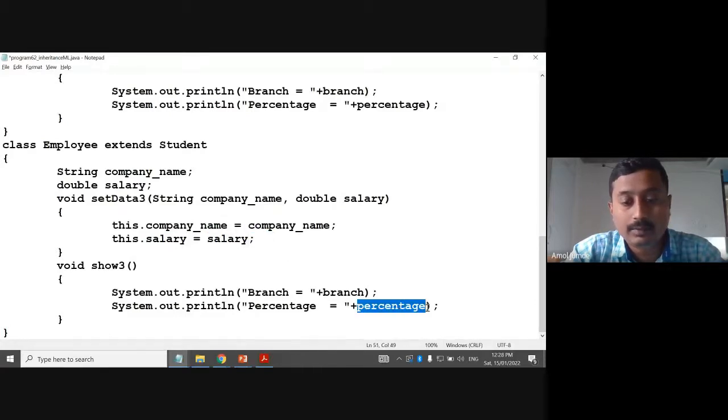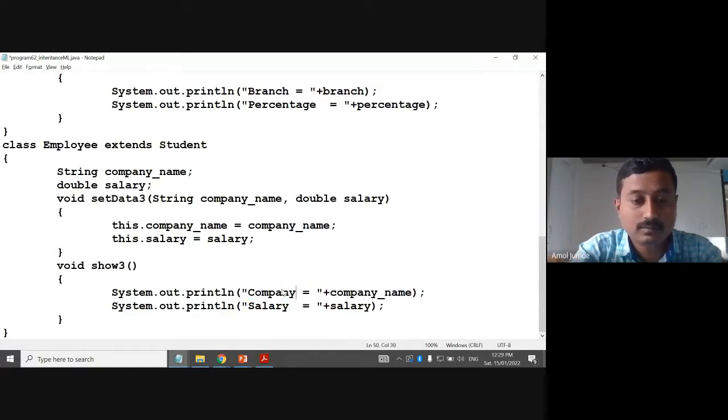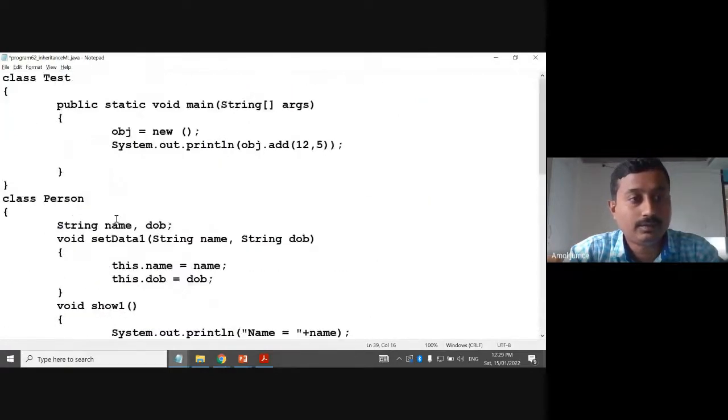Salary will be printing his salary, and company name. Okay, now let us create an object of employee. So he is our first employee, emp1.